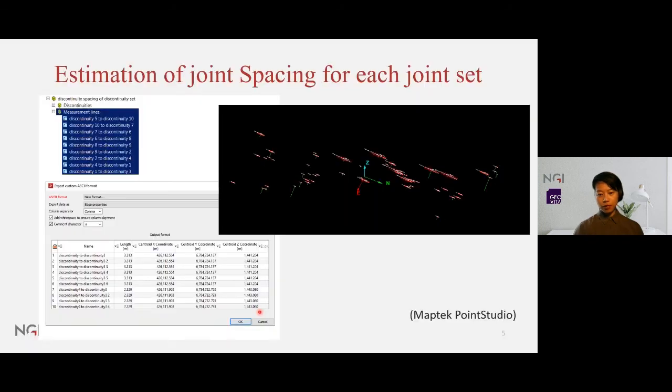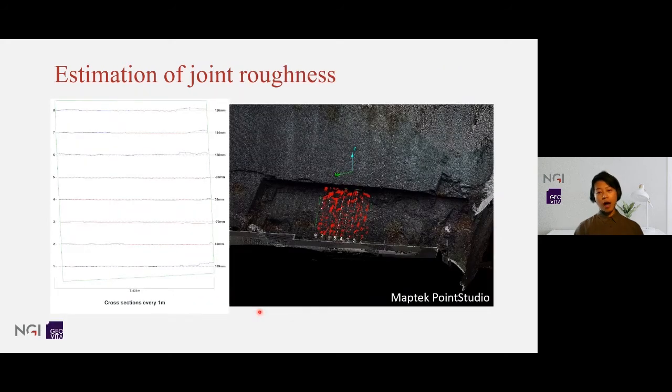For example, we can obtain the joint spacing between each joint set. And with a high-resolution model, we can also obtain a more representative joint roughness of sliding planes or joint surfaces.